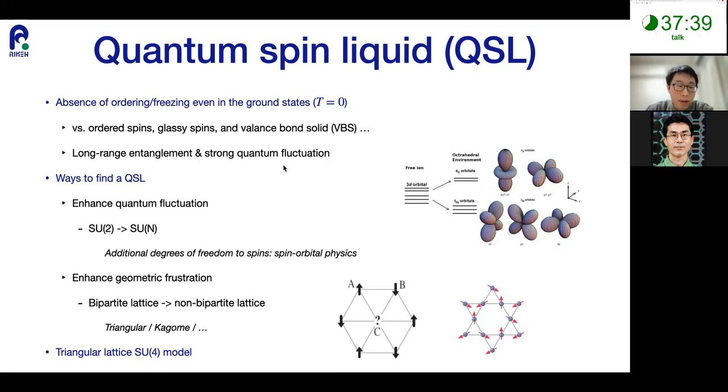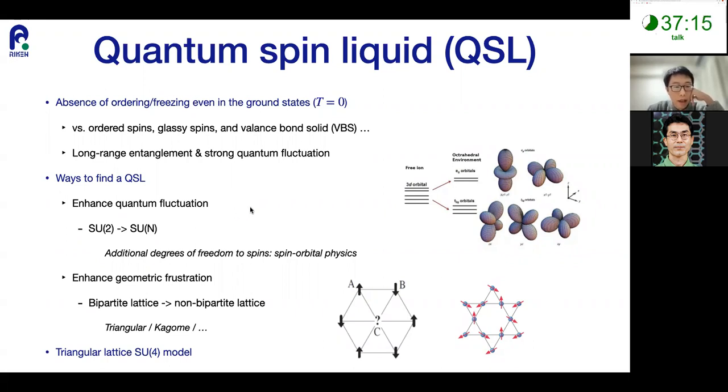So this feature gives us some hint about where we can find a quantum spin liquid. The first point is we need to enhance quantum fluctuation, but unfortunately for a pure spin system, we know that spin 1/2 has the largest quantum fluctuation.